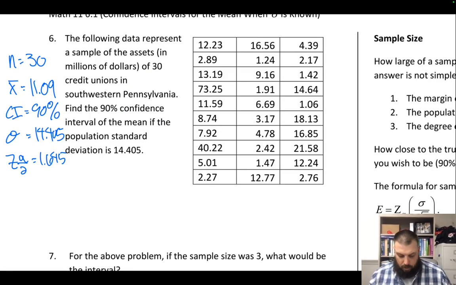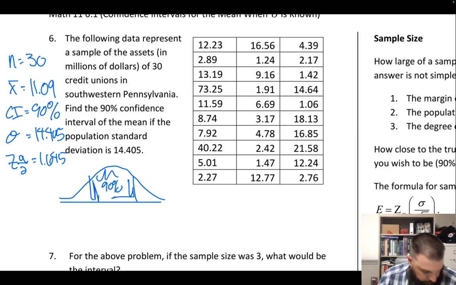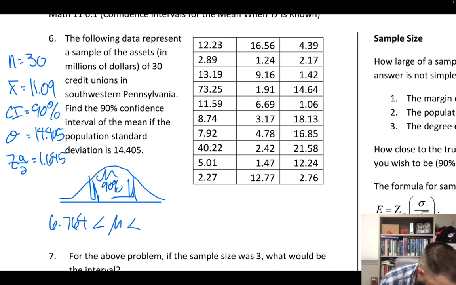All right, so then if we take that, again, we're looking at this distribution. We want that middle 90. And then as we calculate that using our formula, so you can double check your work here, our interval is going to be between 6.764 and 15.416.